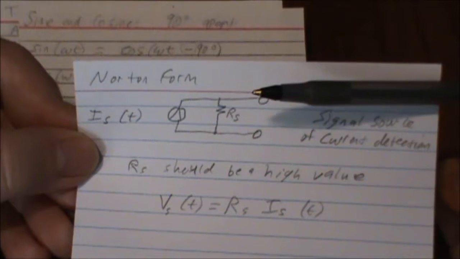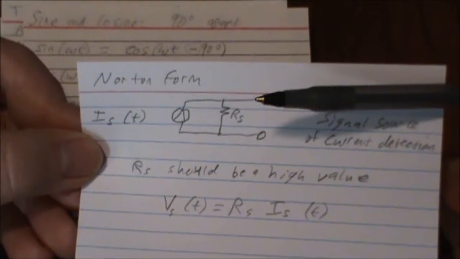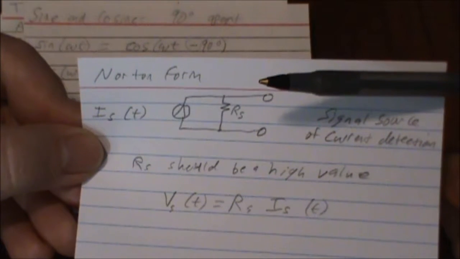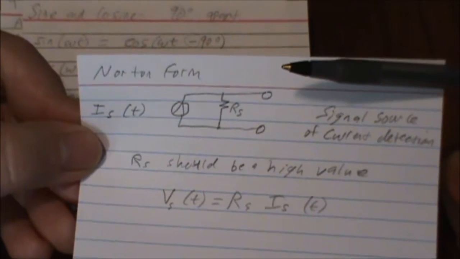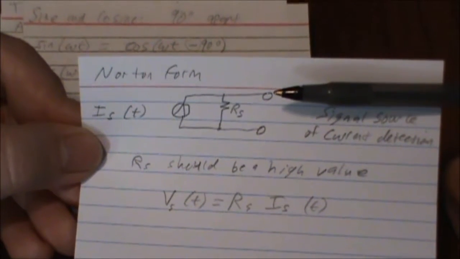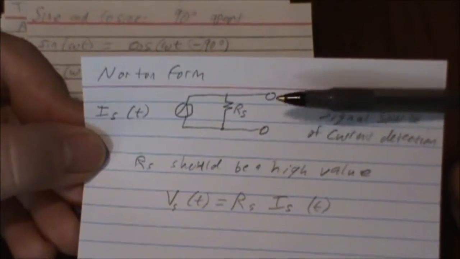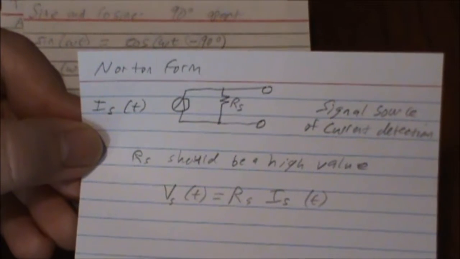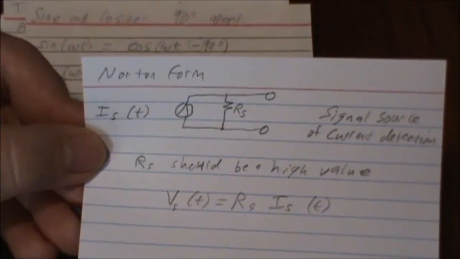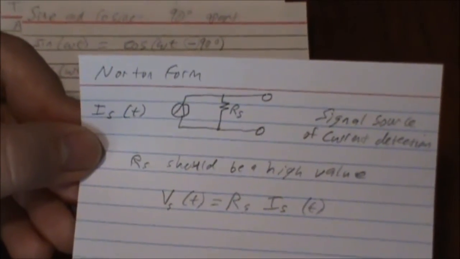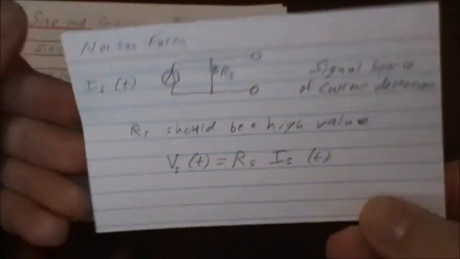Remember, resistance reduces the flow of current, and then there's going to be the most amount of current going through our load, and that's what we want in an ideal current source. In a perfect world, this resistor would be near infinite. So there's your Norton and Thevenin equivalent form sources.